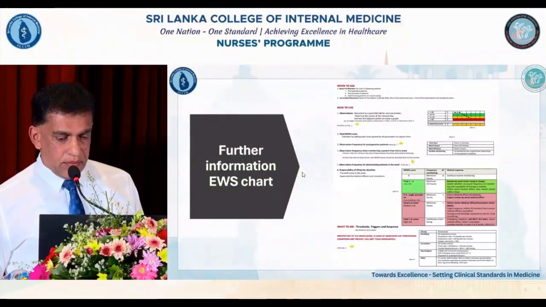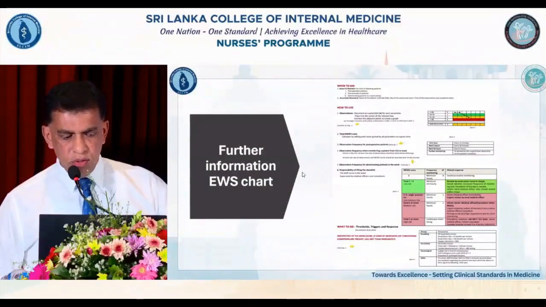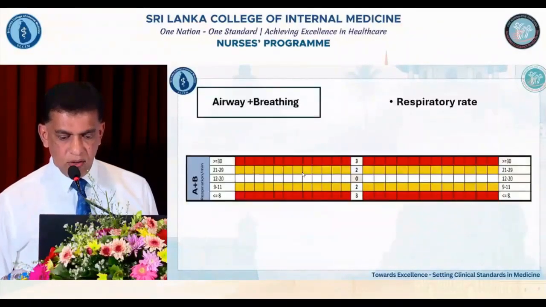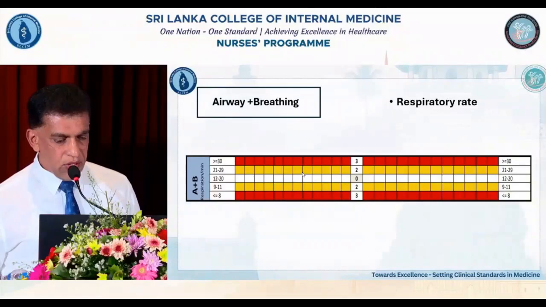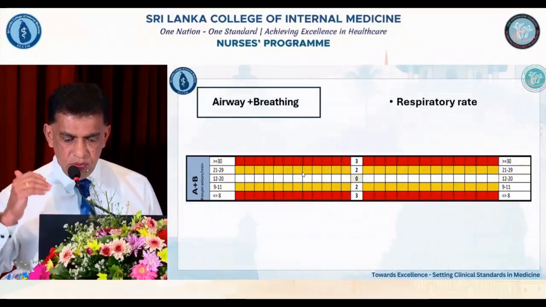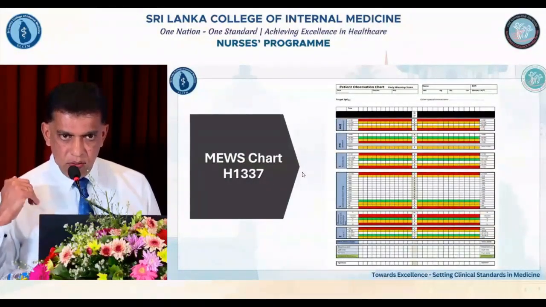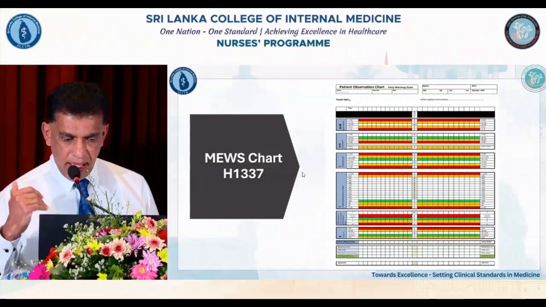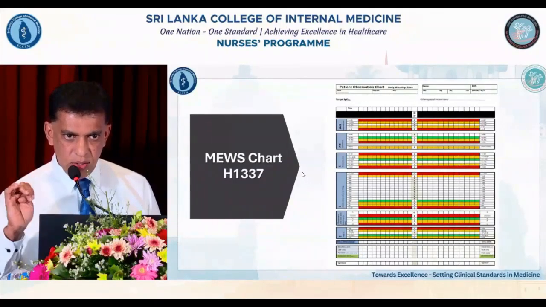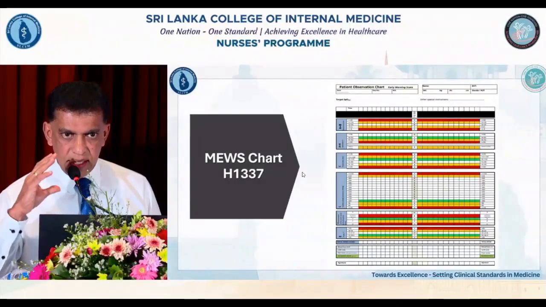Right. So I will take the 6 vitals and take you through how important it is to put them into clinical context. First thing will be the respiratory rate. If you just go back to the chart, there are 4 color codes: white, green, amber and red. White is 0, green is 1, amber is 2, red is 3.